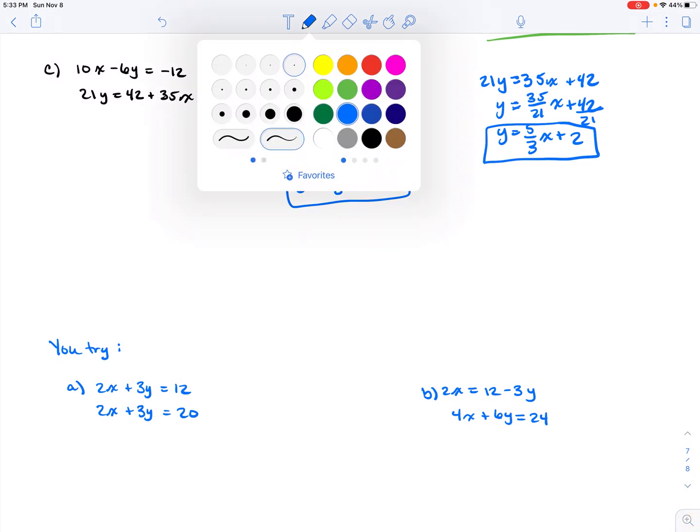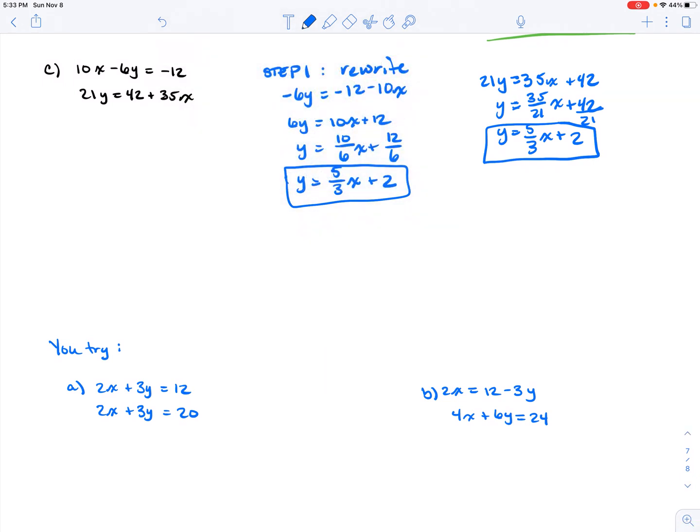Look at step 2, my slopes. I have 5/3, I have 5/3. They are the same. Now let's look at my y-intercepts.